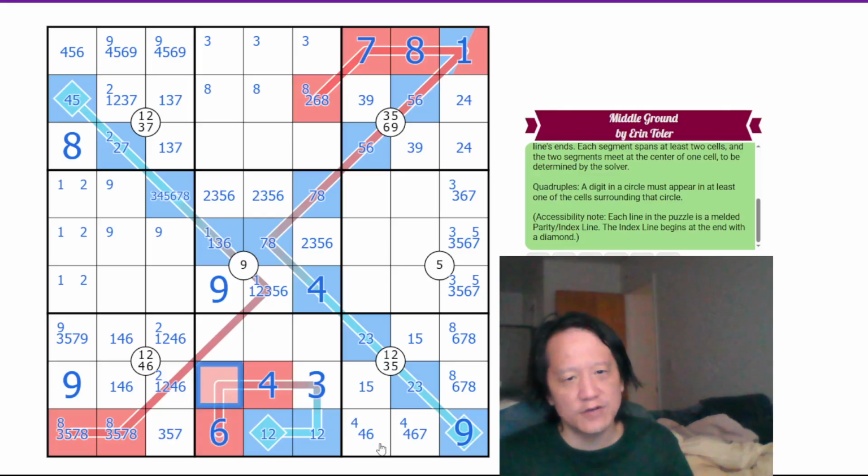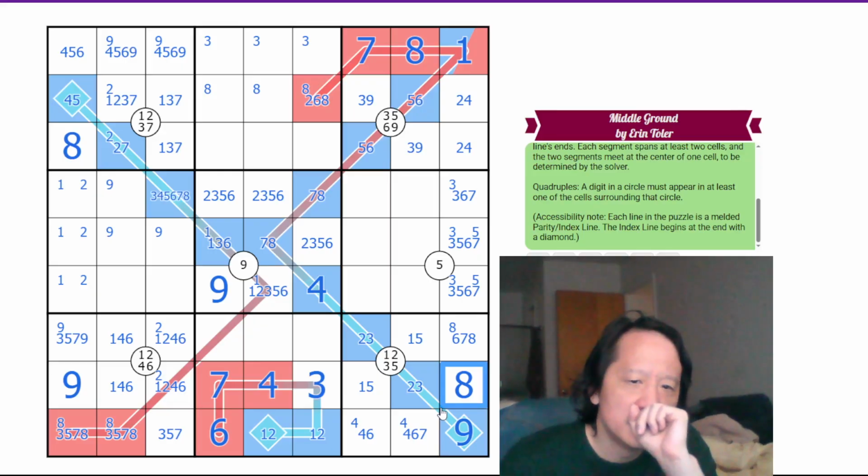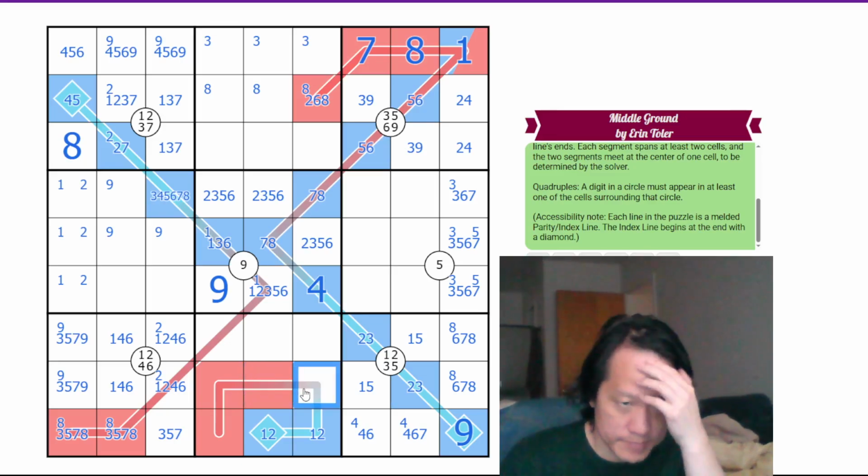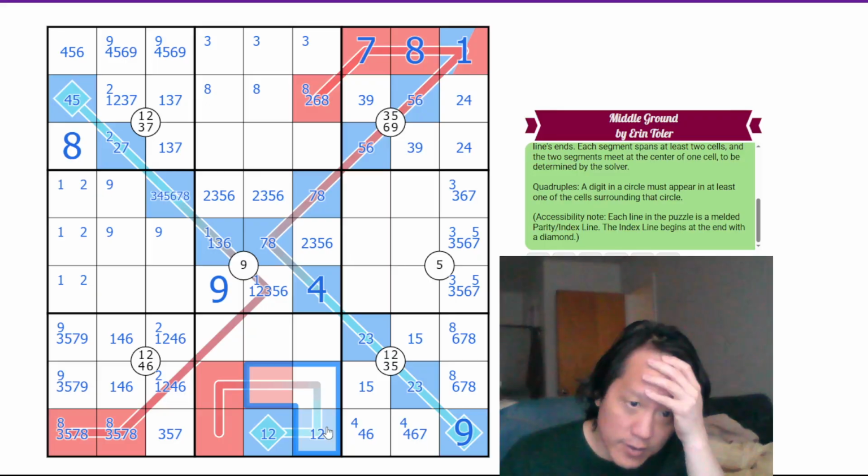You'd have to have odd digit here, which has to be 7 or 8, which makes that 7, that's 8. So that looks okay-ish. Can we have odd even parities here?